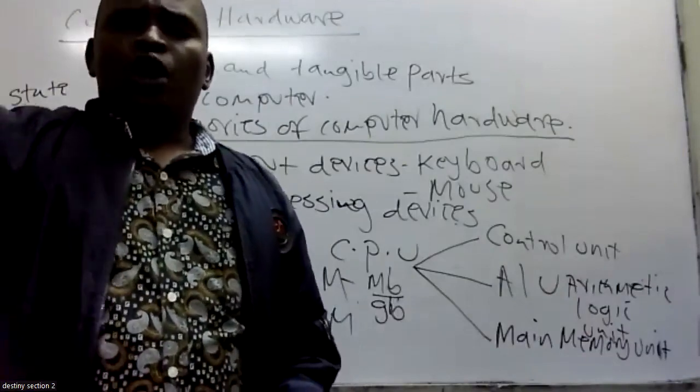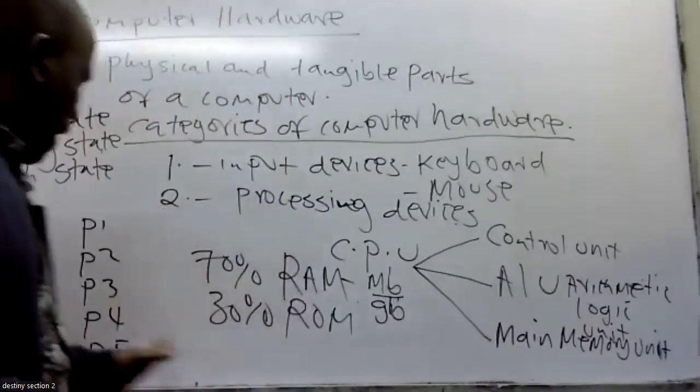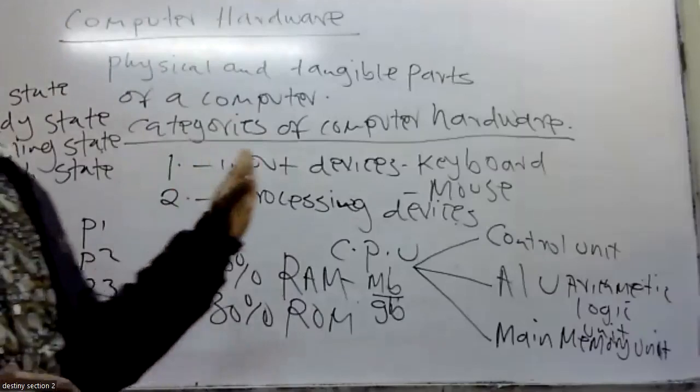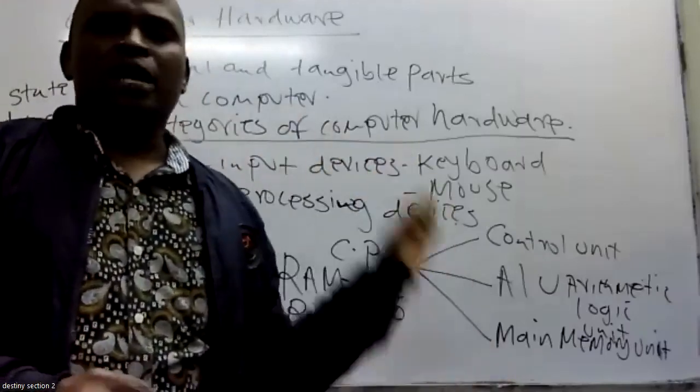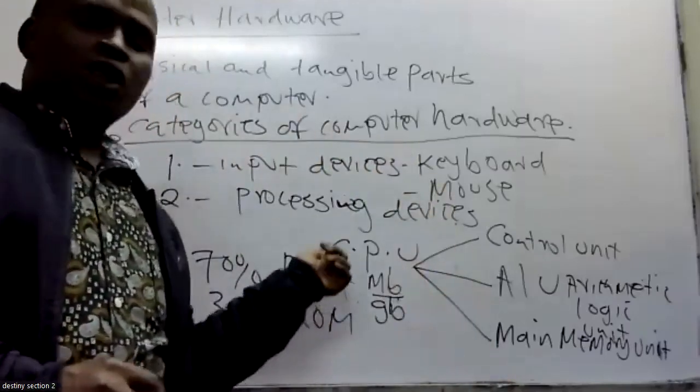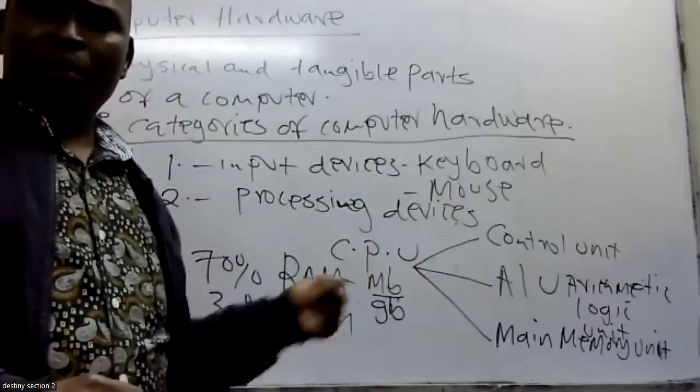Before any task or process is allocated to the central processing unit, it has to be within the primary memory.